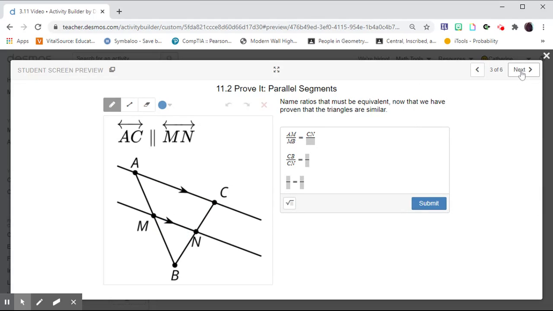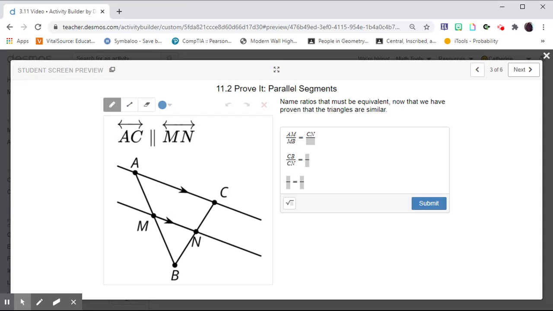Okay, moving on. Now that we know that these two triangles are similar, what are some ratios that we remember from last week that would have to be equal? At this time, if you would, again, pause.